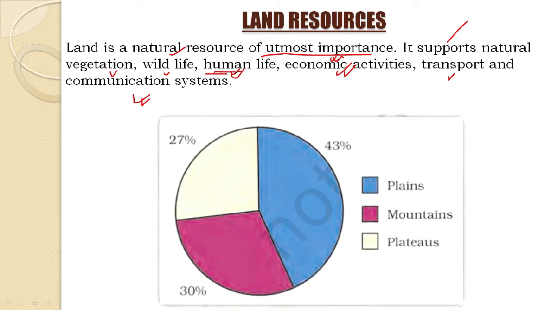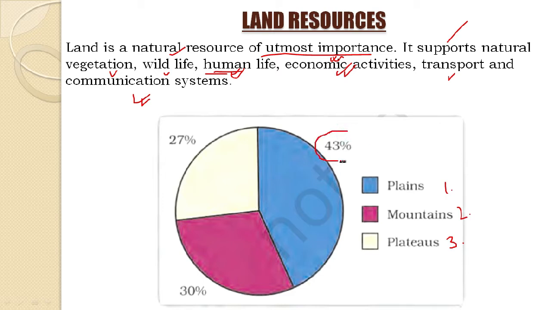So, let us first of all see the broad divisions of the land resources found on the surface of the earth. We see plains, mountains and plateaus to be found on the surface of the earth broadly.